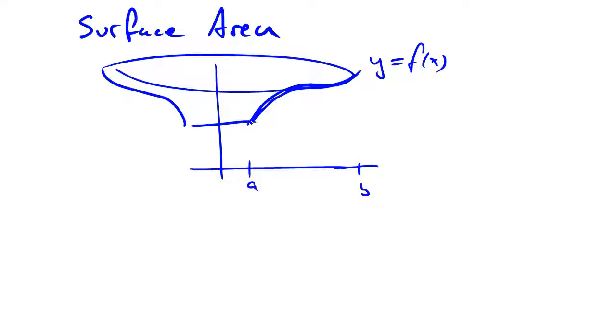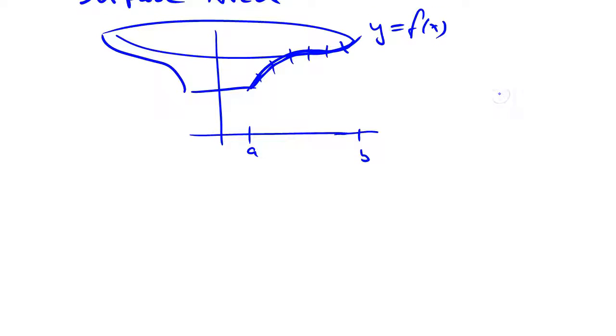So amazingly enough, the way we're going to calculate that is we're going to cut the curve into a bunch of little pieces, rotate each piece around, figure out the area that it generates, and then add them all up. So zoom in on a little piece of curve here. It's a little piece of curve, say from here to there.